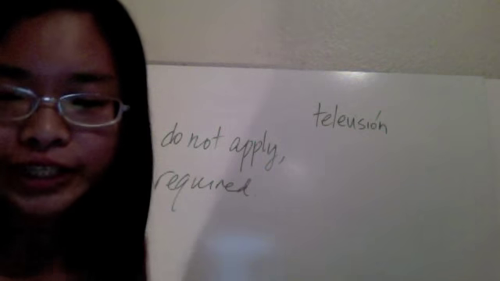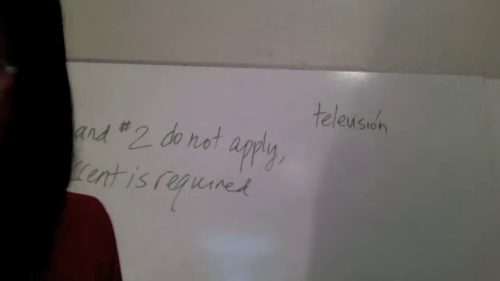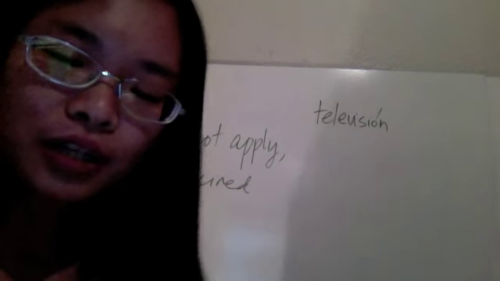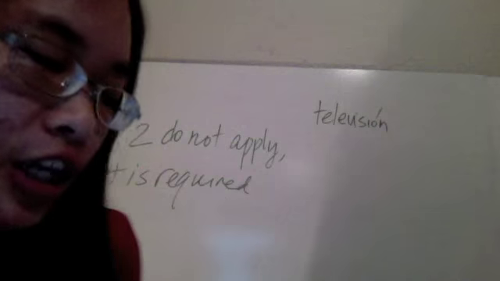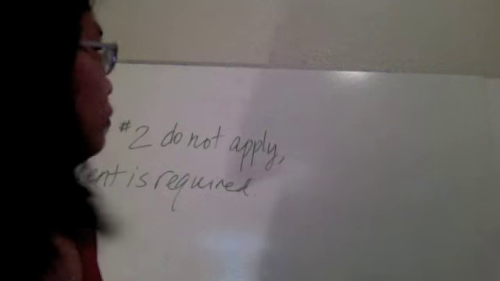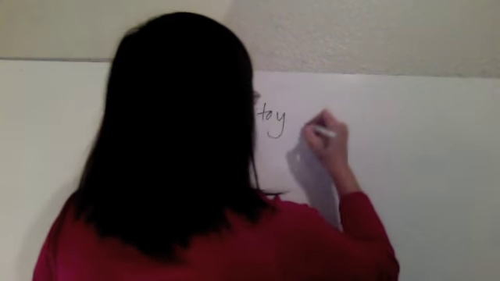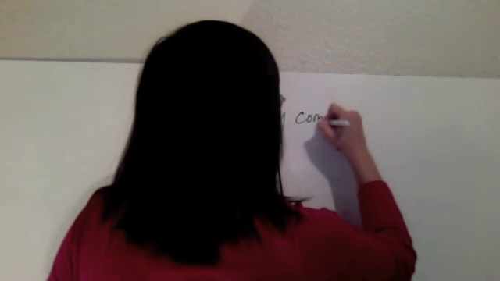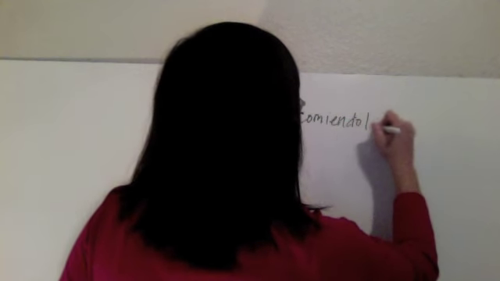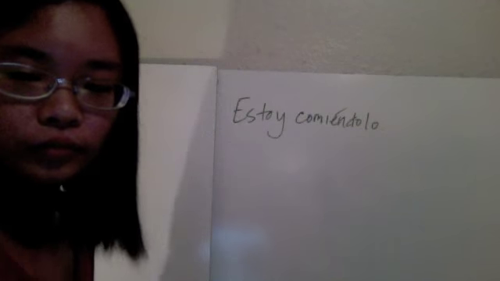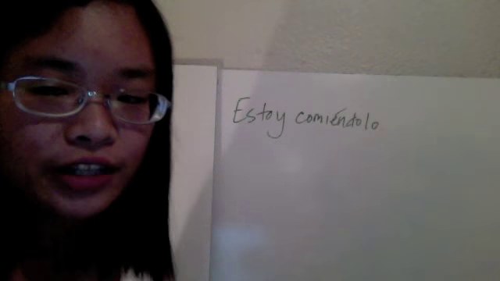If you have watched the video for present progressive or direct object pronouns, you'll realize when we attach something, we need an accent mark. And here's why. Estoy comiéndolo, for example.